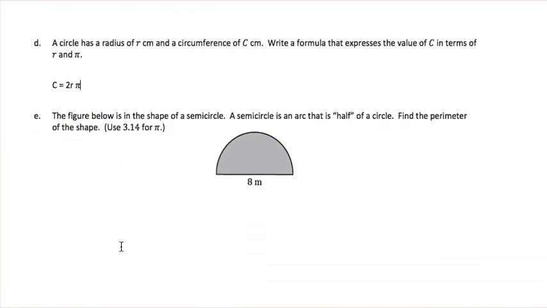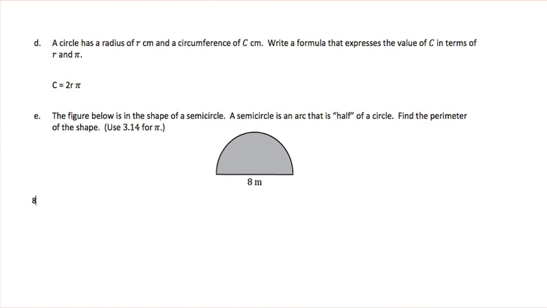Now in E, the figure is in the shape of a semicircle, and a semicircle is an arc that is half of a circle. So we need to find the perimeter of the shape using 3.14 for pi. So what we would do then is to find the full circumference, which is pi times diameter, and our diameter is given as 8 meters.